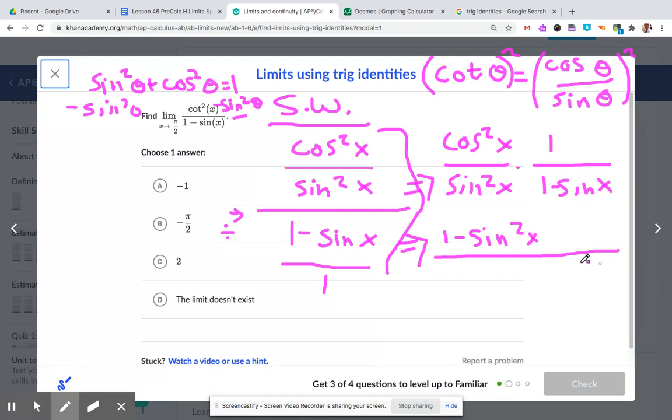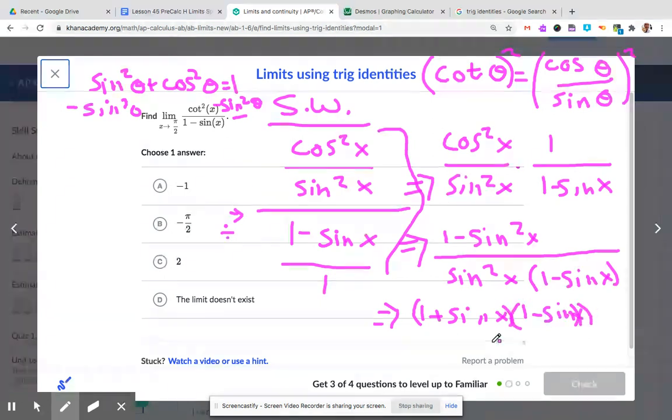And on bottom, we got our sine squared x times 1 minus sine of x. All right. And then like we did last time, this is 1 plus sine, 1 minus sine. 1 plus sine of x times 1 minus sine of x over sine squared of x times 1 minus sine of x.